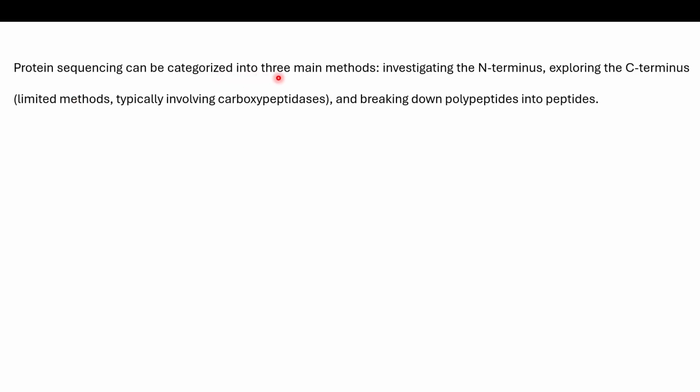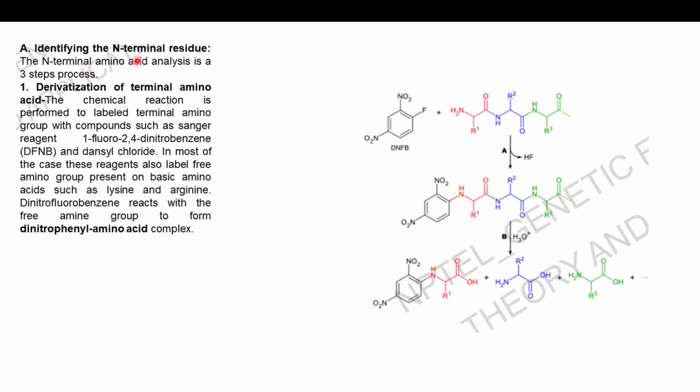Protein sequencing can be categorized into three main methods: investigating the N terminus, looking at the C terminus, or breaking down polypeptides into shorter peptide fragments. Identifying the N-terminal residue is a three-step analysis, where the very first step is derivatization of the terminal amino acid.